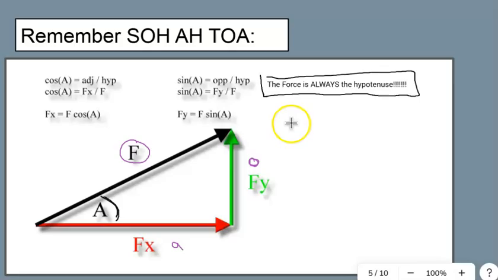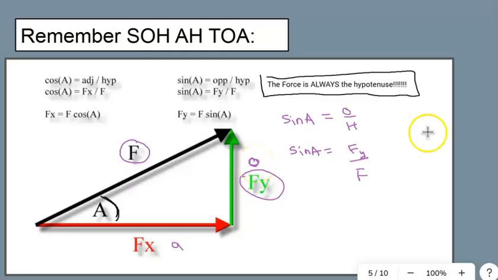a goofy mnemonic. Sine of theta, which is A, is opposite over hypotenuse. So sine of A is Fy over F, where Fy is how much of that force is pushing up. Generally, you know this, and you're looking to figure out how much of that is over and up.